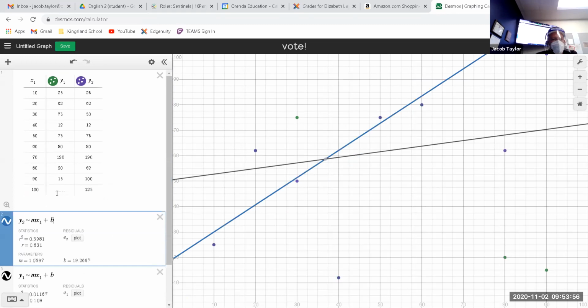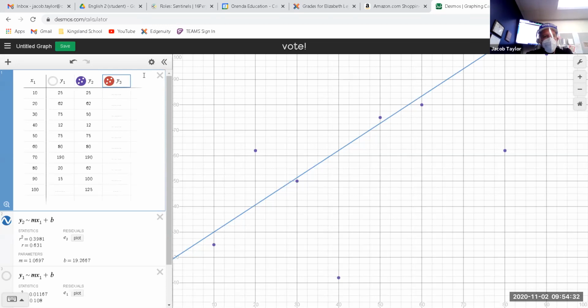Just watch this. That line right there, the line that I did in blue, has an r value of 0.631. That's what we would describe as a moderate correlation. Take the other one off. That's a moderate correlation. It's going up, but the points are definitely closer together.